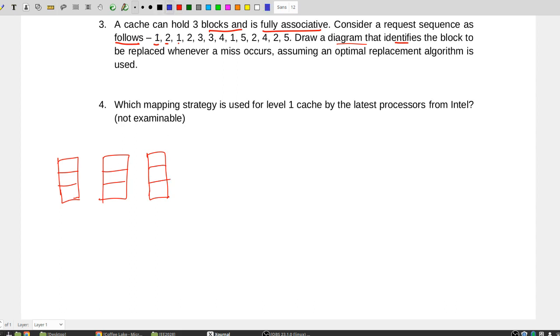So we can see that the first time the block being requested is block number 1, and our cache can hold only a total of 3 blocks. So what will be the situation when the system is powered on? Is there anything in the cache? Is it possible for you to get a match with the address sent by the processor?